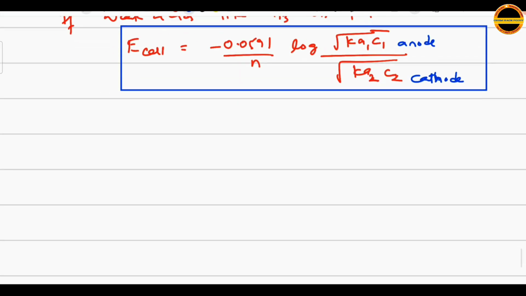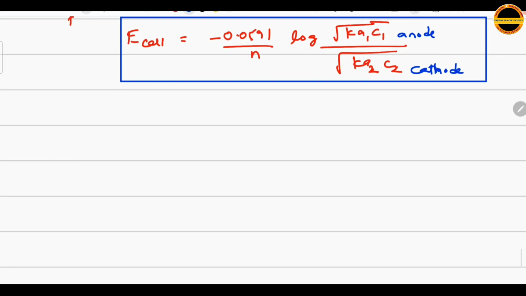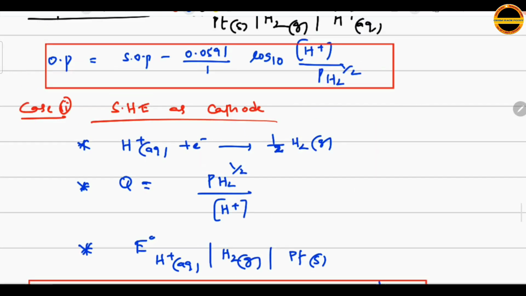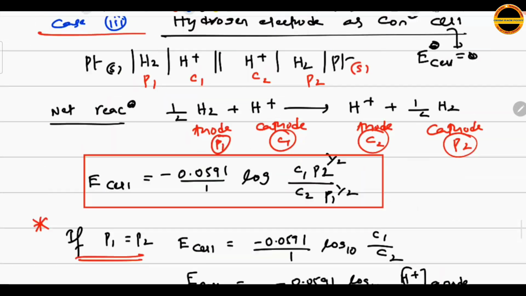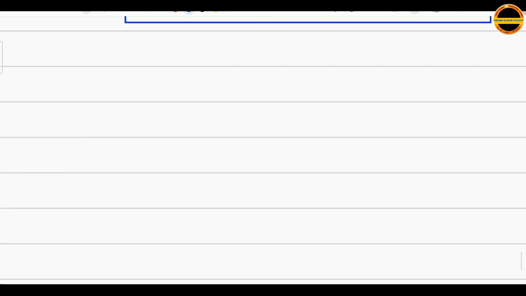Okay. Next, reference electrode. Above, we discussed reference electrode 1, the hydrogen electrode. Now I am considering reference electrode 2, which we call the calomel electrode.